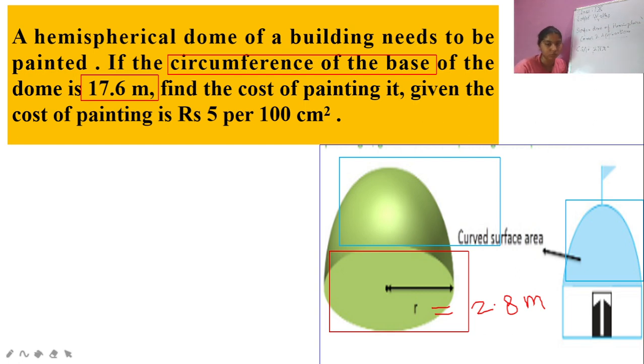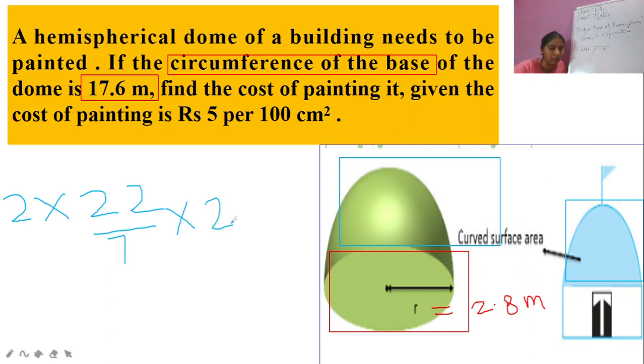So students, you just substitute the terms in this formula and calculate what we get. So let's do it together. You have to take the value of pi, that is 22/7. It is not given, but we can take this much, okay?